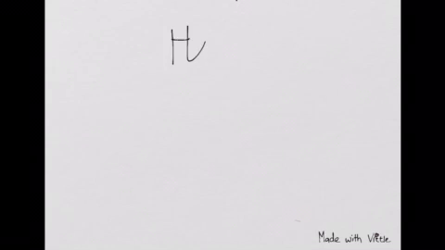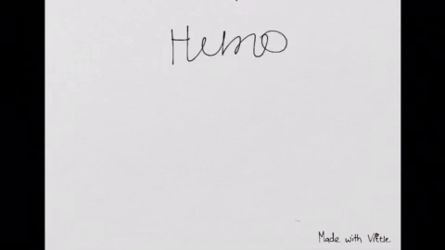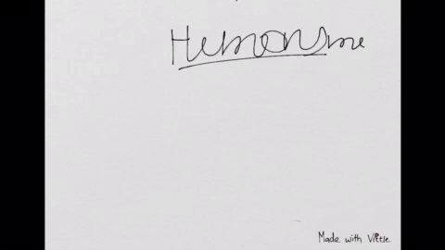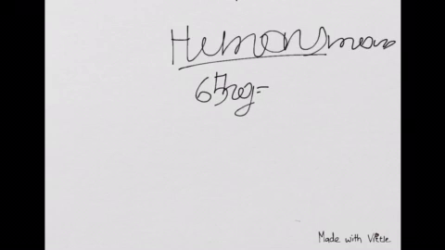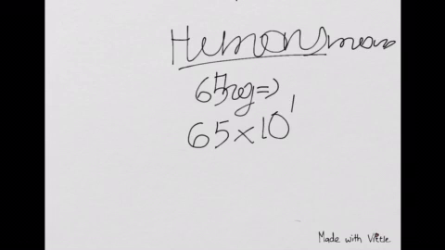So, we already got the human's average mass. The human's mass is said to be 65 kilograms, which in scientific notation is 6.5 times 10 to the power of 1. But wait, this is supposed to be grams, so we already got that answer, 65,000 grams.